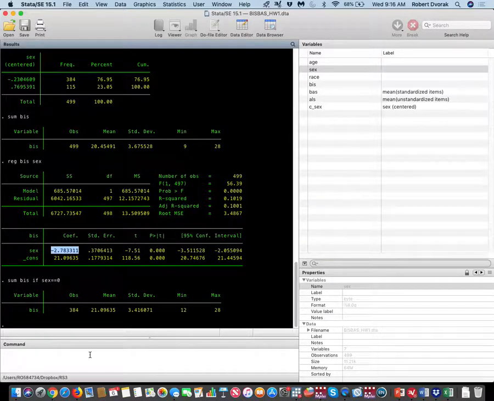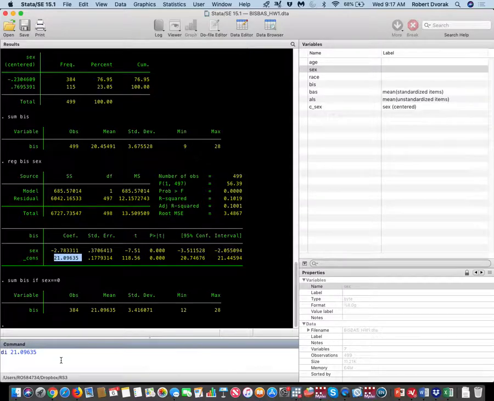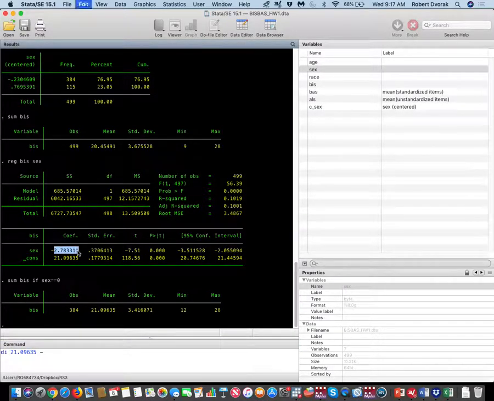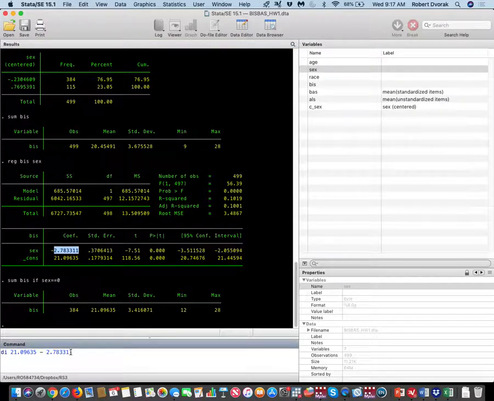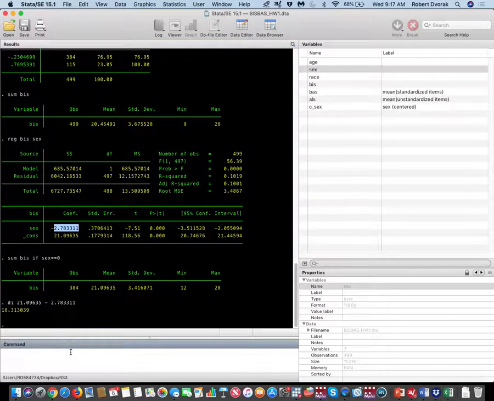But that means if we go, let's go DI, this minus this. Remember, regression analysis is just straight algebra, right? It's linear algebra.